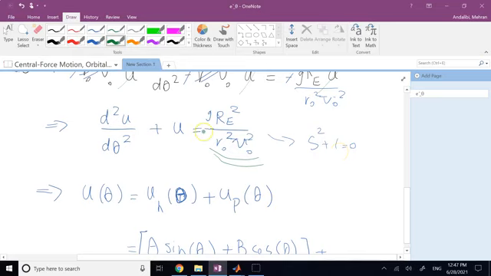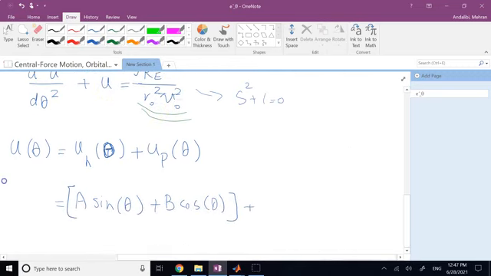So since this is constant, your particular solution is going to be the same constant. If you choose u to be just this constant, any second theta derivative of it is 0. So that very constant term could be your particular solution, which you can just write down.